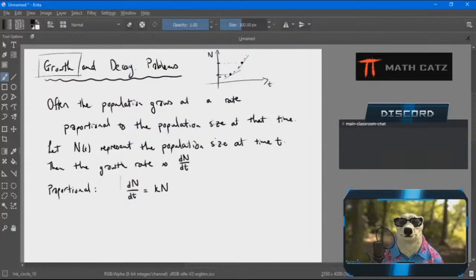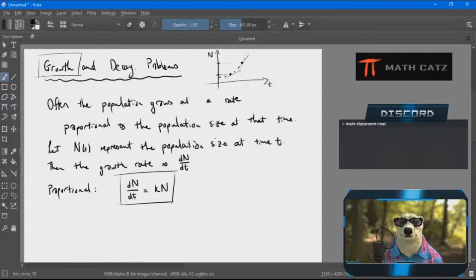So this is going to be our key differential equation to describe how the population changes. Its rate of change is some scaled up or down version of the actual population. So if the population size goes up, then they grow faster, and vice versa.